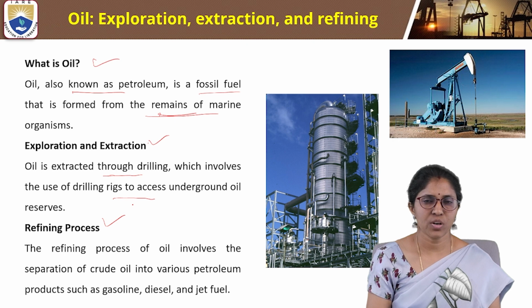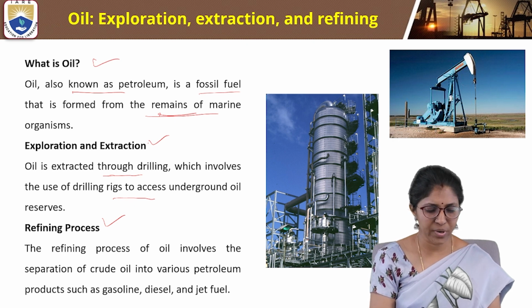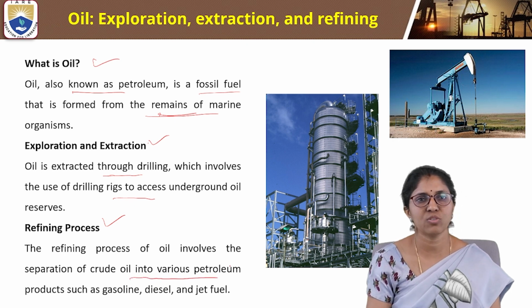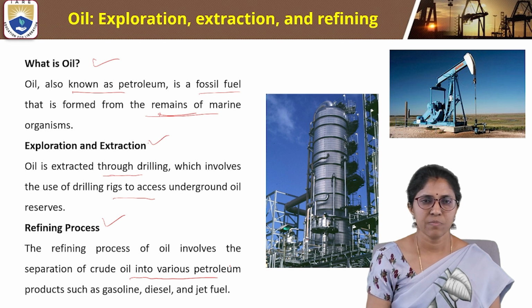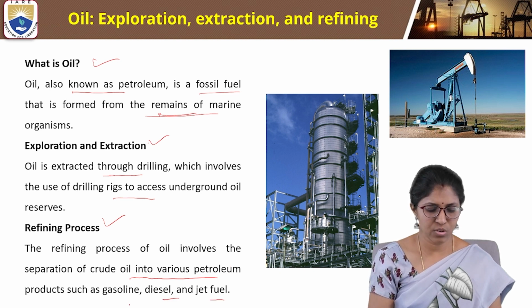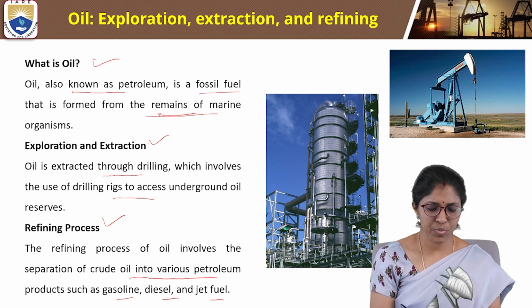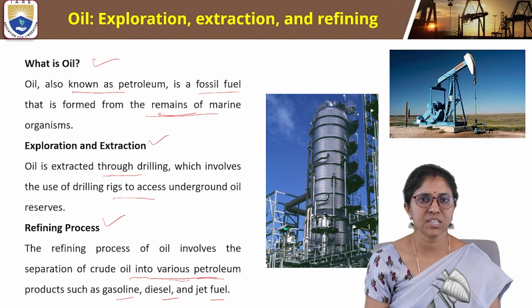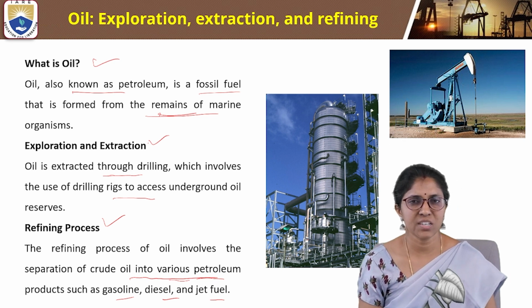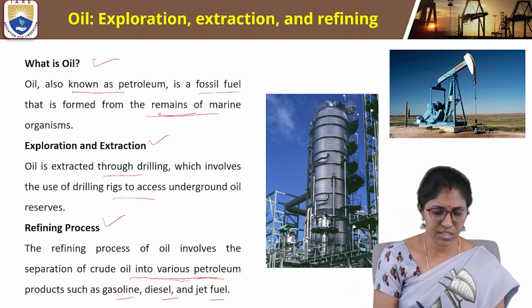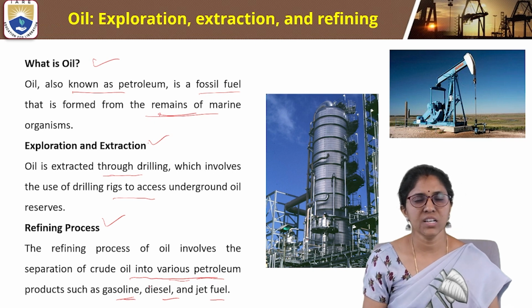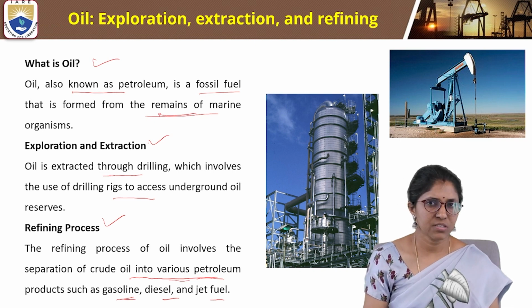The refining process of oil involves the separation of crude oil into various petroleum products such as gasoline, diesel, petrol and jet fuel. Refining means purification and separating into fractions. Petroleum is fractionated into gasoline, diesel, petrol and jet fuel.